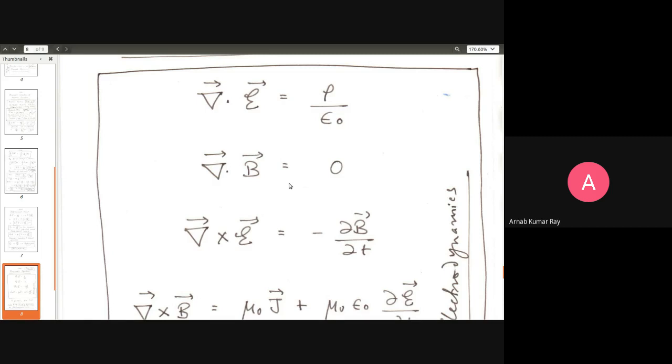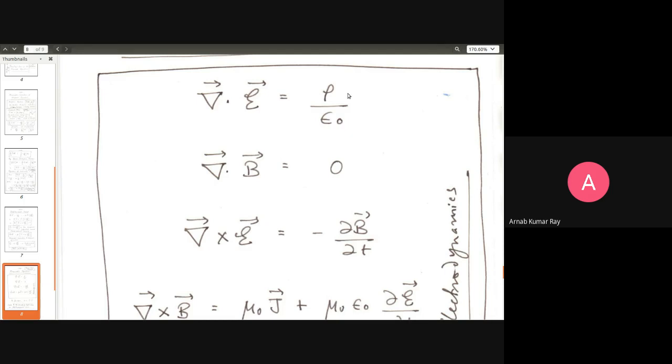Very simple. And this mathematical statement leads to the fact that you cannot have magnetic monopoles. You can have isolated charges. You can have a positive charge and a negative charge taken apart from each other, isolated in space. But in case of magnetism, you cannot have that.